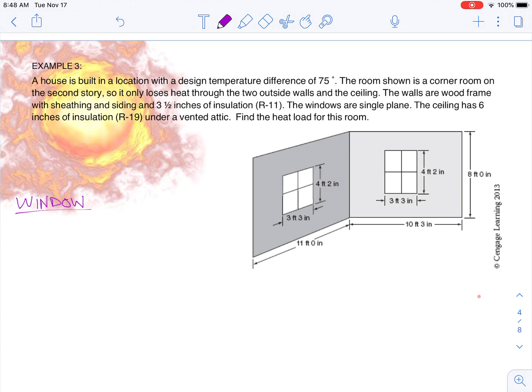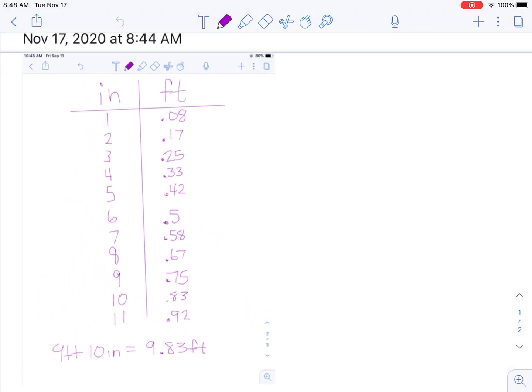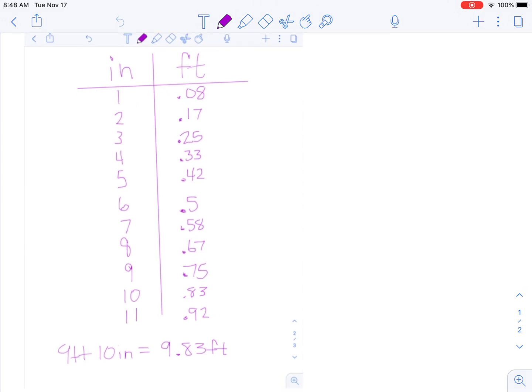If you remember the cheat sheet, let me go back to it and show you. This cheat sheet told us that 1 inch is 0.08 feet, 2 inches is 0.17 feet, 3 inches, and so on and so on. Then we have this example at the bottom that 9 feet 10 inches would be 9.83.